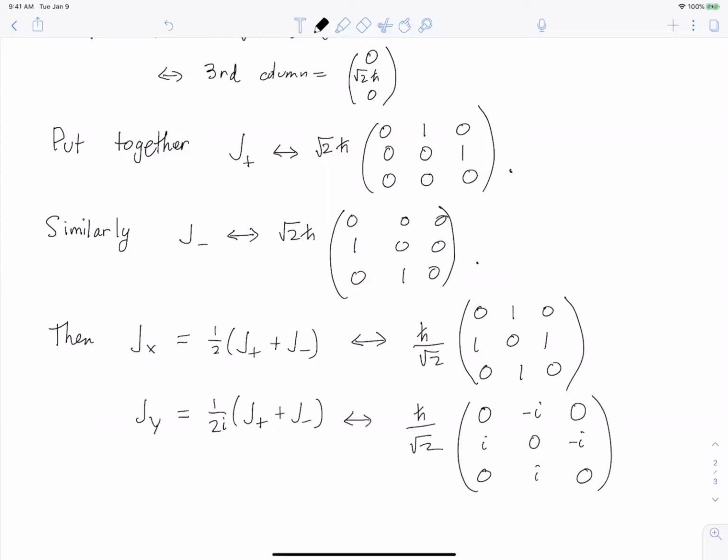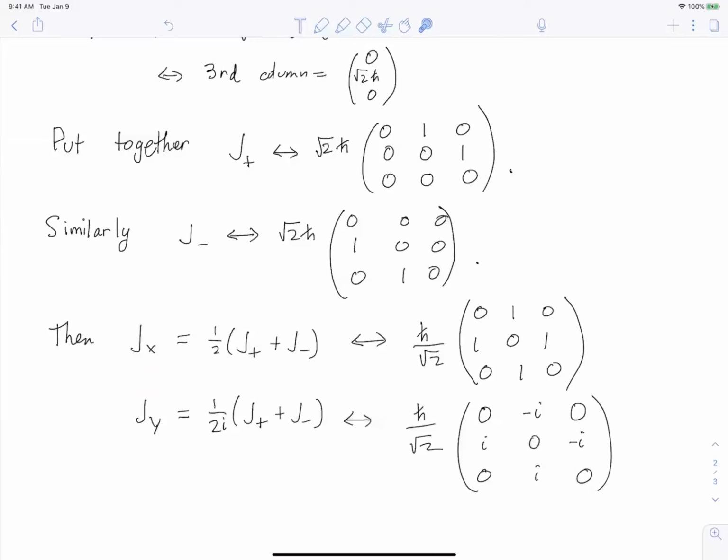Okay, so by just looking at each action of j plus and j minus acting on our kets, we can figure out what the matrices are, and then from the matrices we can get jx and jy from the relation between j plus and j minus and them.